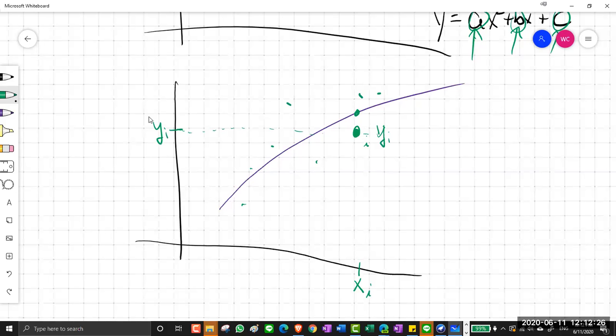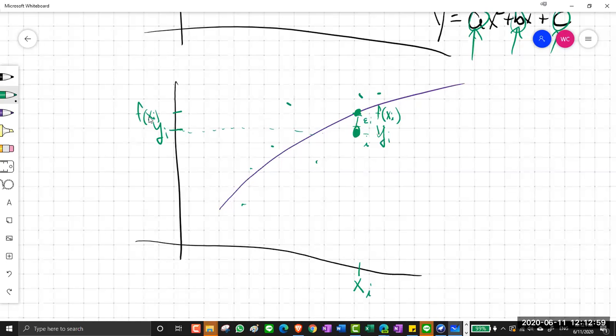And what do we call the height of this? Epsilon i? No, epsilon i is here. Oh, f of x. Right. f of xi. So over here is f of xi, right? Everyone agree with that?